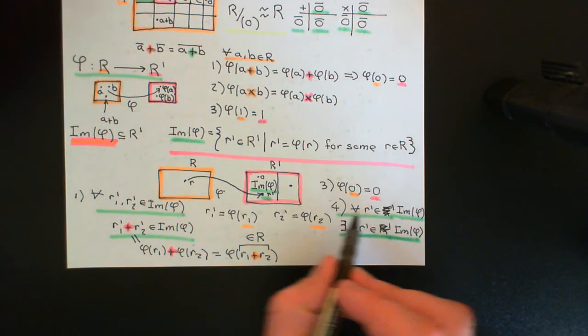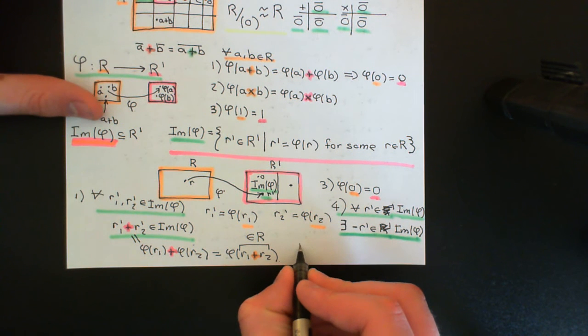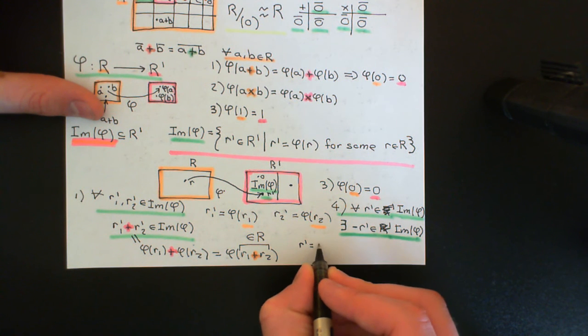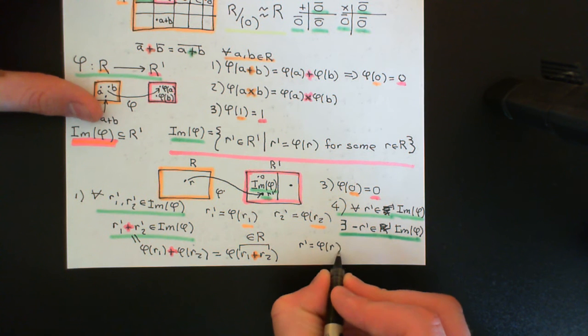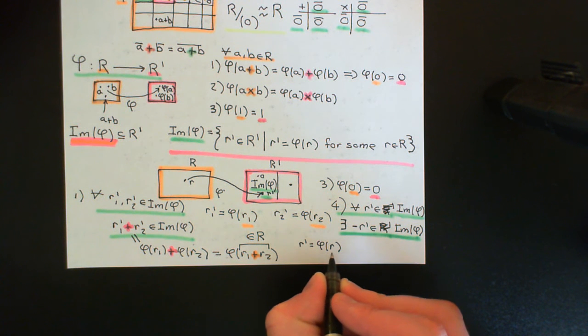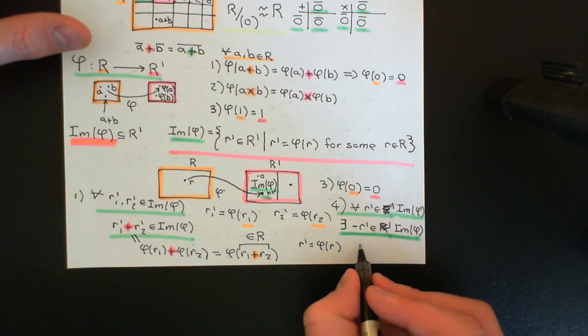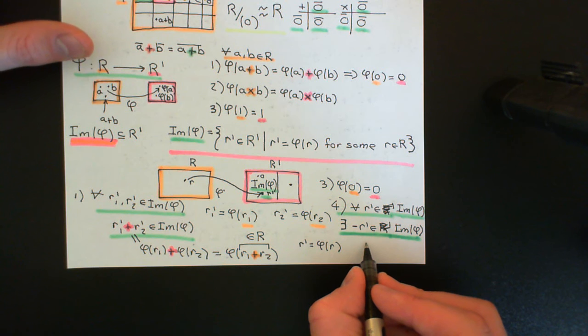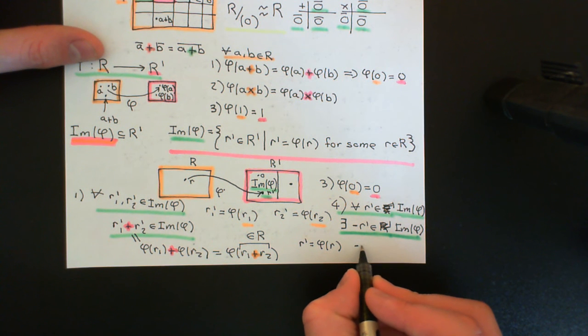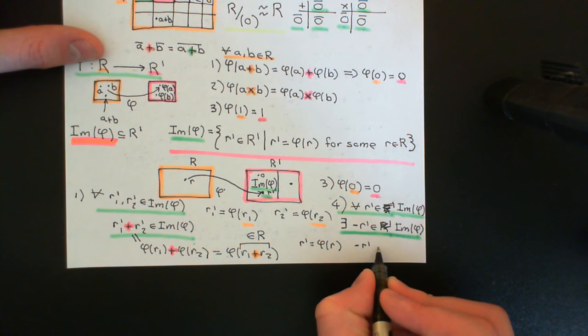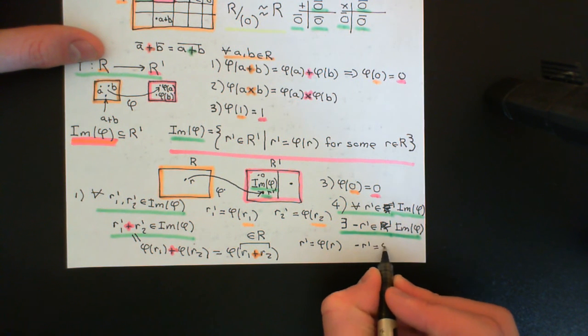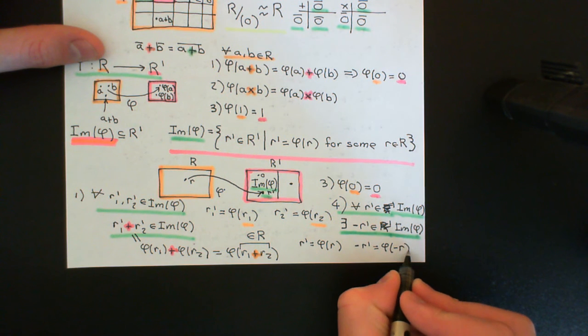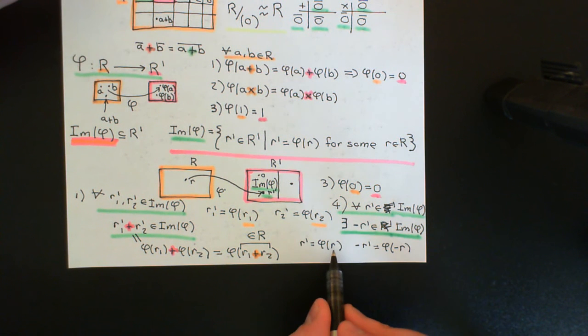Well, if r prime is in the image of the homomorphism, then r prime will be writable as phi of some r. Now I claim, and it's very easy to show, that the additive inverse of r prime, negative r prime here, is actually equal to phi of negative r.